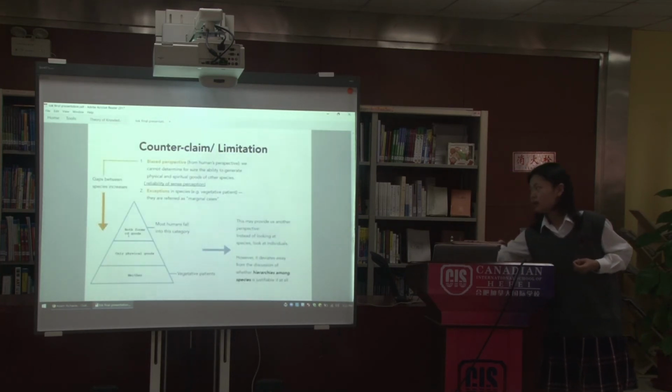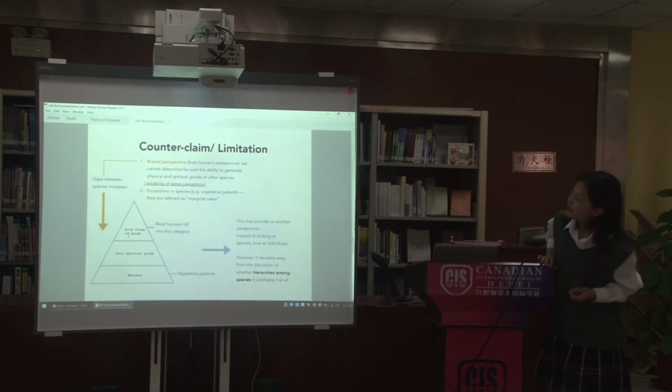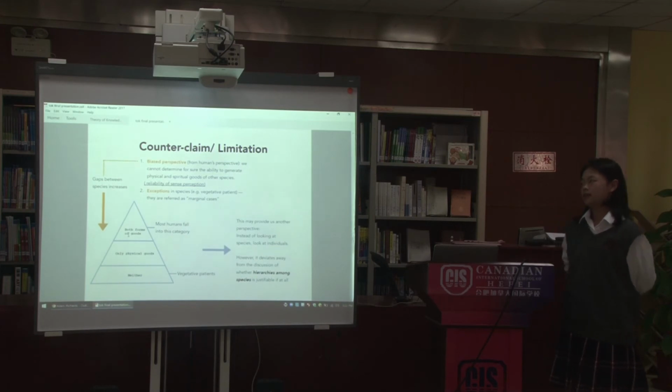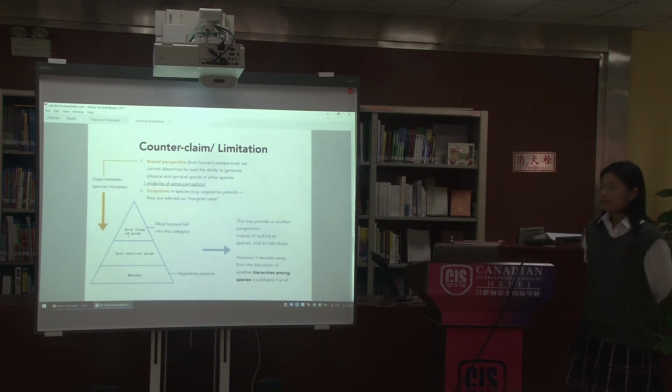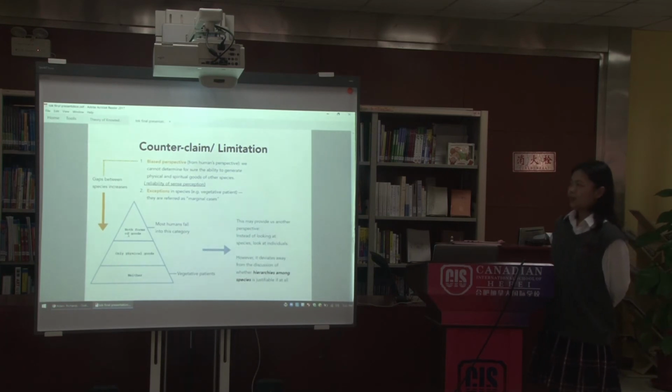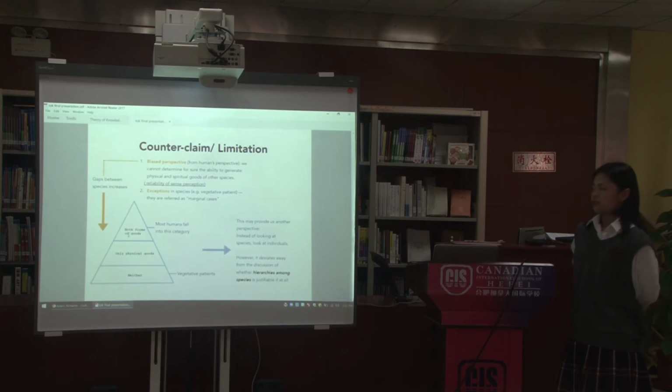This claim also has its limitations. The first is very obvious: our biased perspective. We can only look at it from a human's perspective, which means that we cannot determine for sure the ability of other species to generate physical and spiritual good.